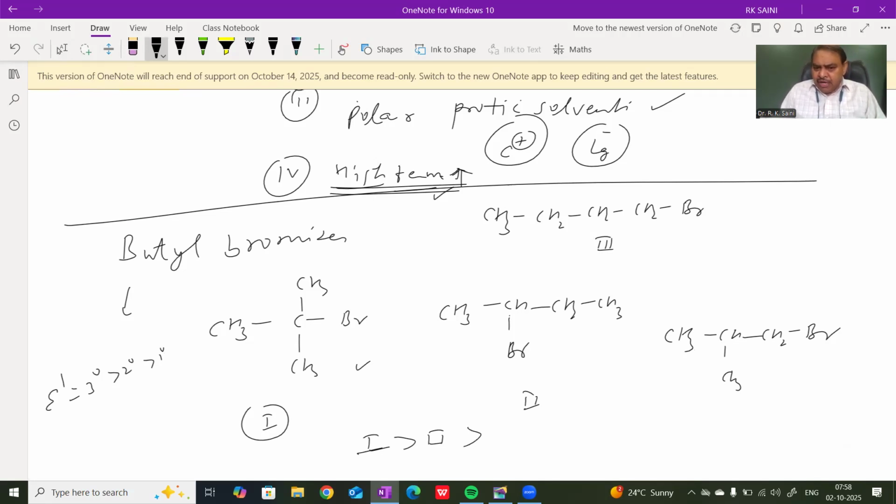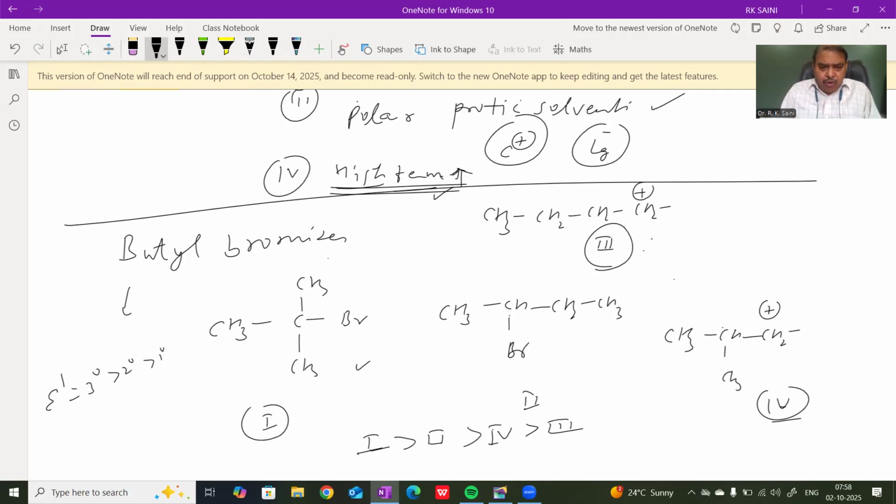Now, third and fourth are both primary, but after formation of the carbonium ion, primary carbonium ions are not easily formed, require high temperature, and immediately show rearrangement. And as compound 4 makes a more stable carbonium ion than third, substrate fourth is more reactive than substrate third.